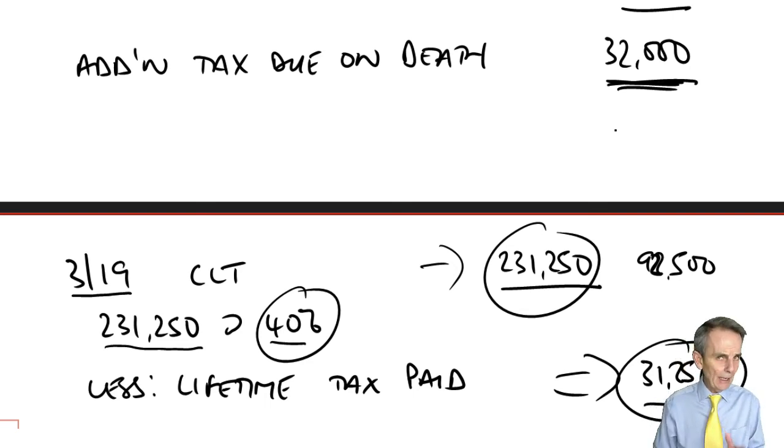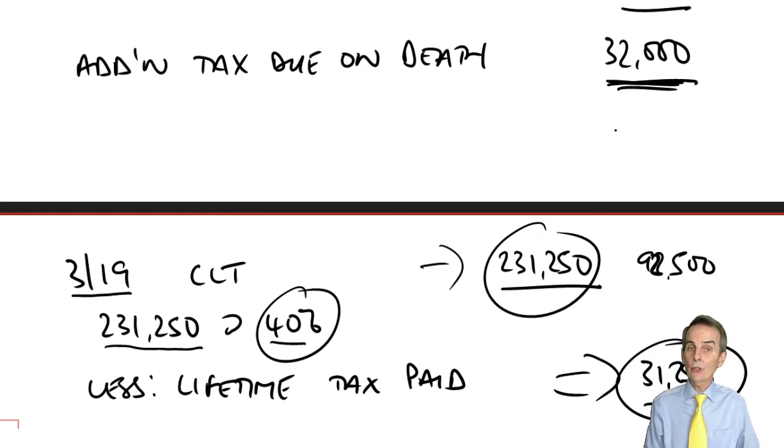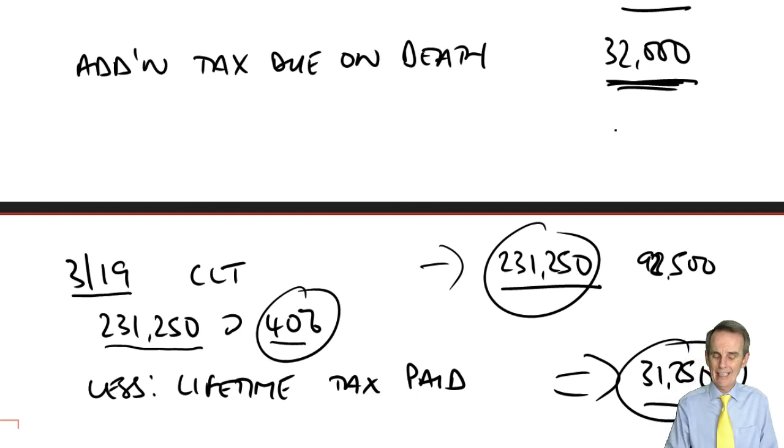Remember, there's no question here of any unused nil rate band passing to X as the result of the earlier death of the spouse, and in a situation where she had not used maybe even any of her then nil rate band. That is not an issue here. Clearly, that information will be given to you if it is relevant in any examination question.